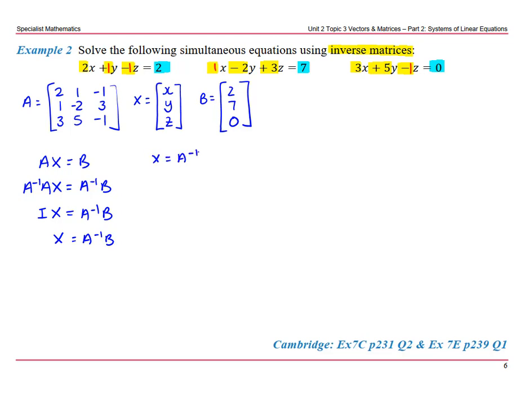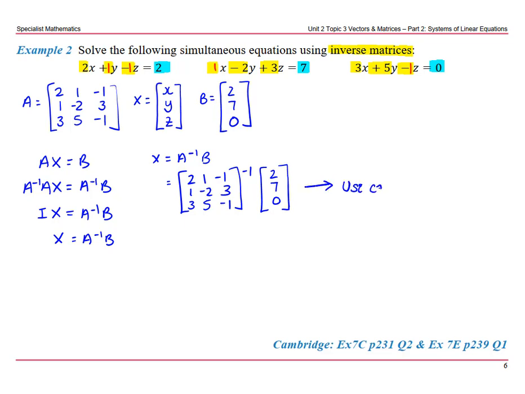So that's going to be 2, 1, -1, 1, -2, 3, 3, 5, -1 to the -1 times our B, 2, 7, 0. Now there are 3 variables, so we can use our calculator to work this out.